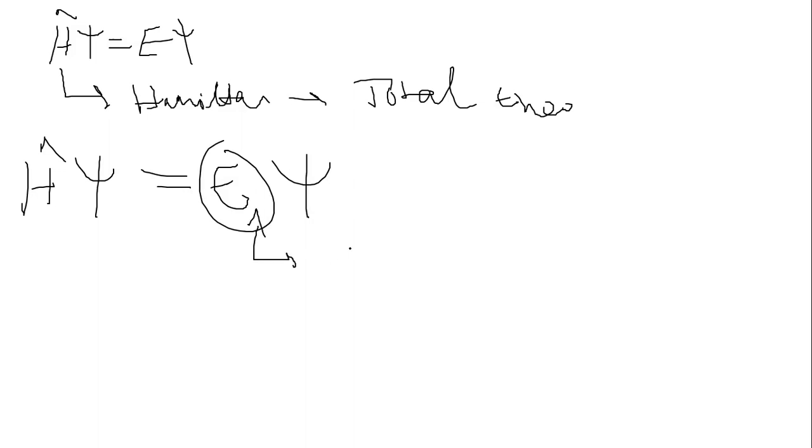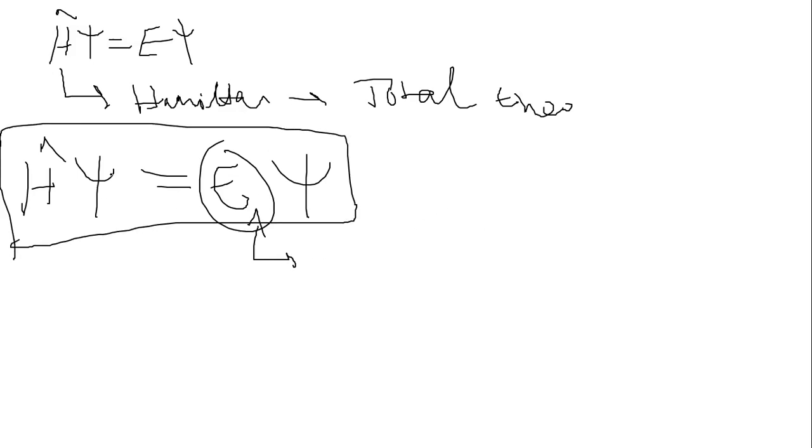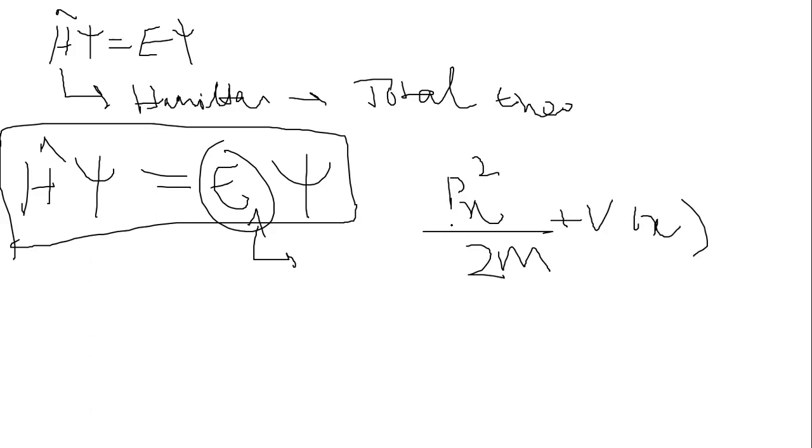And we know the Schrodinger equation is nothing but this equation, H psi equal to E psi. When you put the value of H here, for a one dimensional potential, H will be px square by 2m plus V of x, because this is kinetic energy and this is potential energy. In quantum mechanics px is equal to minus i h cross del by del x.